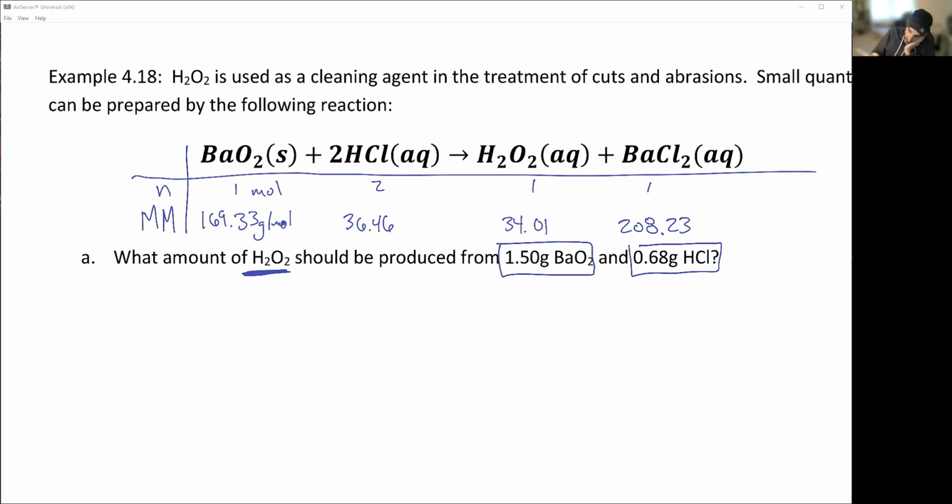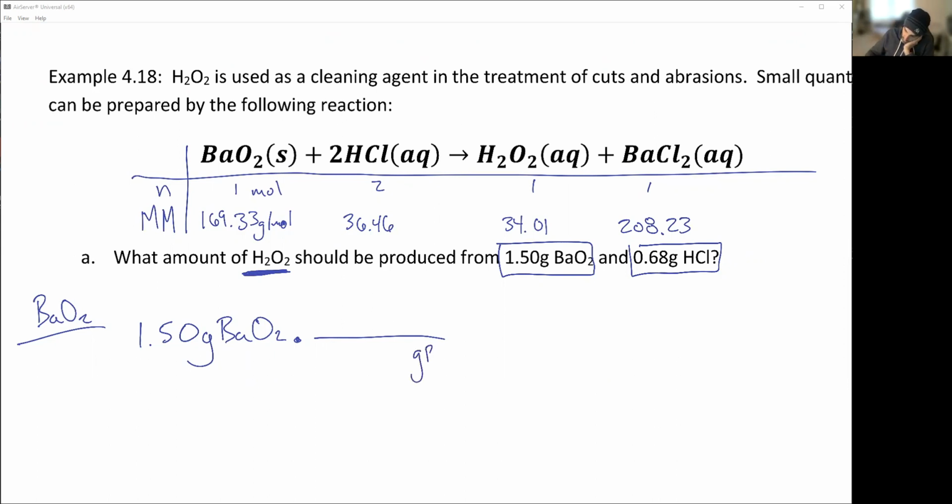Okay, so we'll do them in order. For barium peroxide, BaO2, let's take a look. So 1.50 grams of BaO2. And again, I want to work towards getting H2O2. So first thing, before I can switch chemicals, I need to convert to moles.